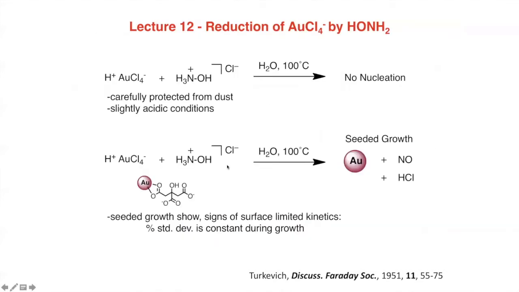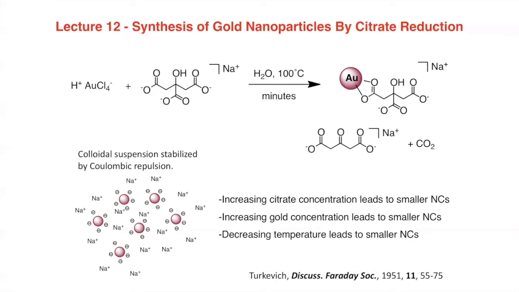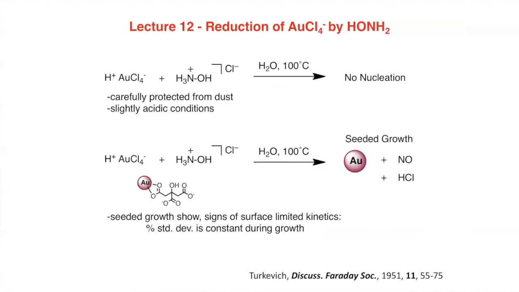And it's thought that this reaction, or there's evidence to suggest that these kinds of reactions are also possibly autocatalytic. There's better evidence in other types of cases where, for example, instead of citrate, you can use hydroxylamine as a reductant.